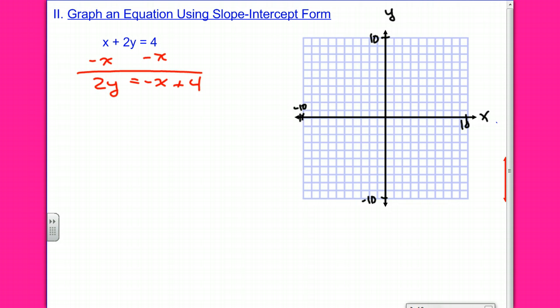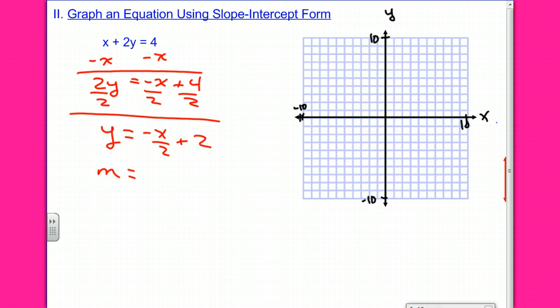Then you would divide each by 2, and it would be y equals negative x over 2 plus 2. And so what is the slope? The slope is negative x over 2. Actually, I need numbers, no x's. What number comes in front of it? Negative 1 over 2. Good. So the slope is -1 over 2, and the y-intercept is 2. Okay, so good. We have the two things we need.